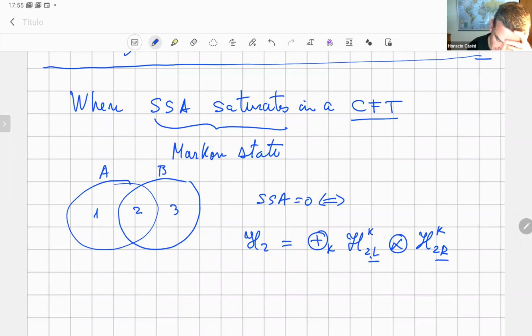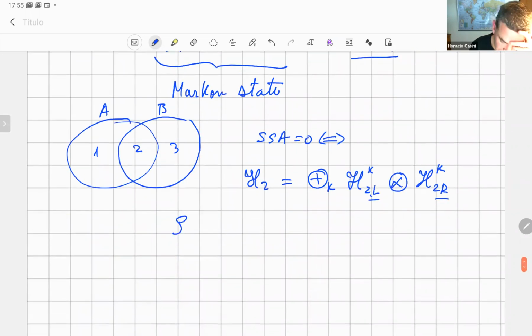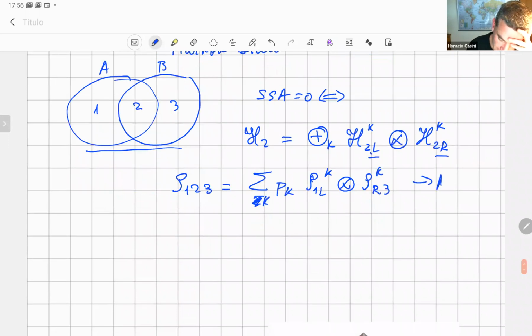So it's just a sum of tensor products in such a way that the global state in the three regions together is a sum over some probabilities. The density matrix is like this. So this is a Markov state.